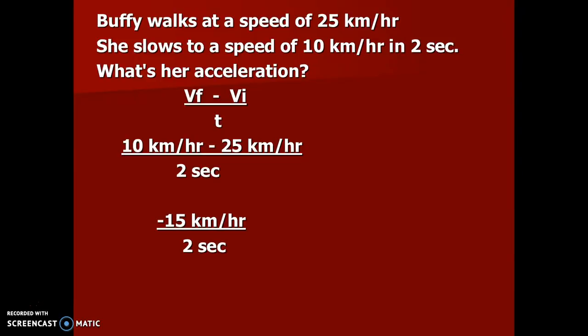She is ending at a speed of 10 kilometers per hour. Put that on the left-hand side for VF. And divide by the time of 2. Taking a smaller number minus a bigger number is going to give you a negative number, and that's okay. Negative means deceleration, means she's slowing down. You take negative 15 kilometers per hour divided by 2 seconds, gives you negative 7.5 kilometers per hour per second.